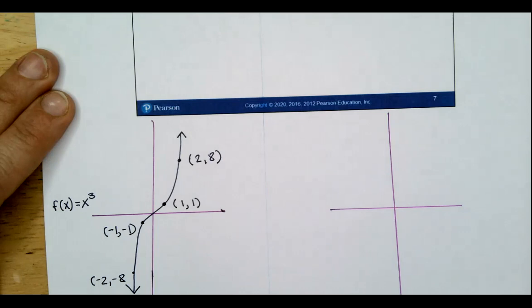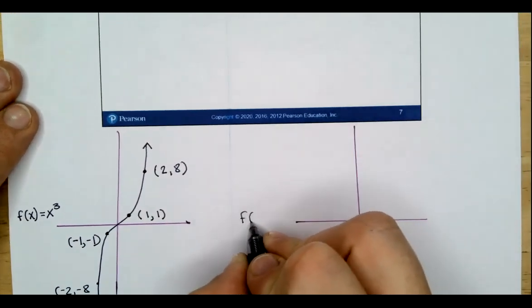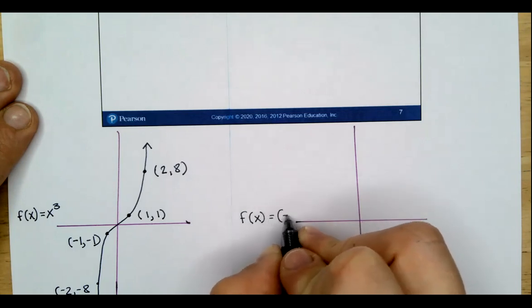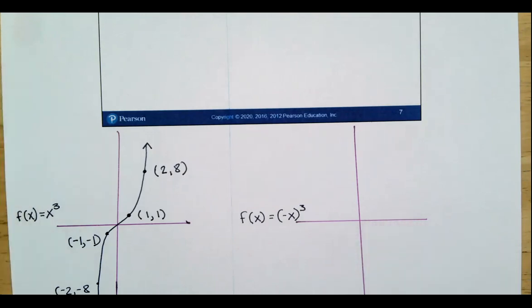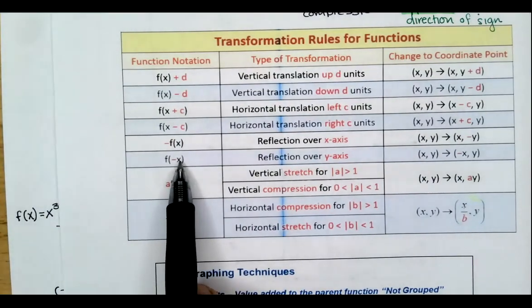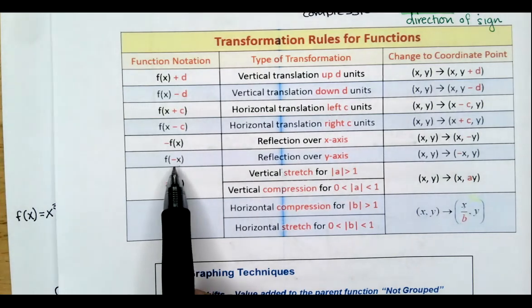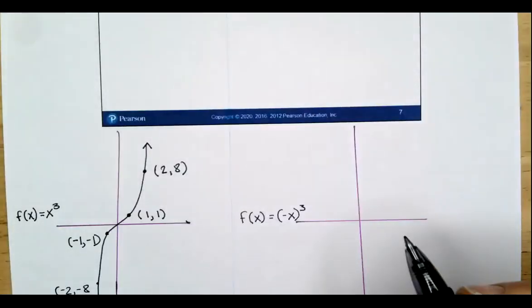-2, -8, right? And then here we're going to say f of x equals negative x cubed. That means the negative sign is within the grouping symbols, so my x values become negative x values.